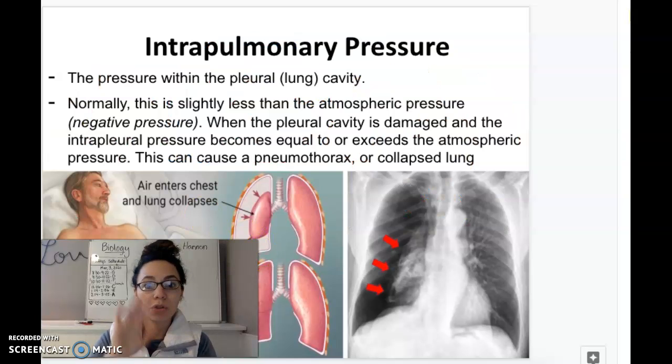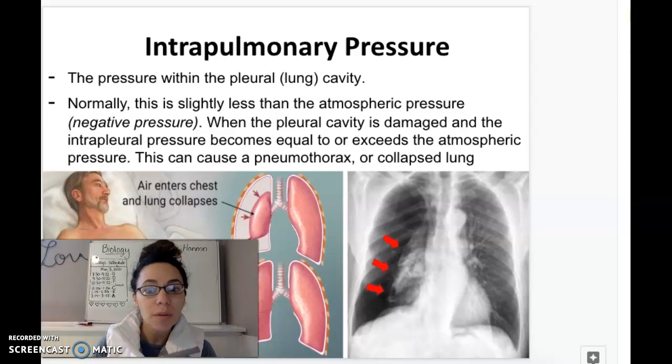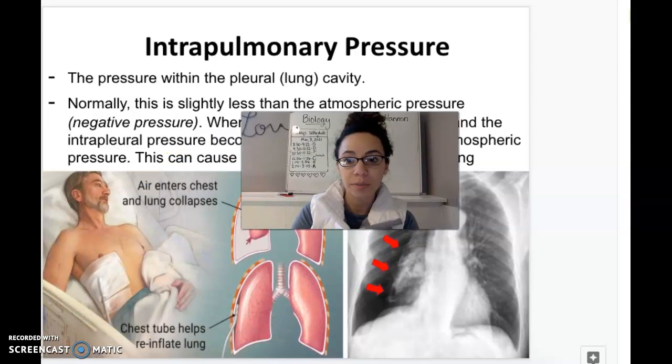Okay, so let's just look super quickly at intrapleural pressure. So this is the pressure within the pleural cavity, so between the lung and the cavity around the lung. So normally this is slightly less than the atmospheric pressure, which is called negative pressure. When the pleural cavity is damaged and the intrapleural pressure becomes equal to or exceeds atmospheric pressure, it can cause something called a pneumothorax, which is a collapsed lung.